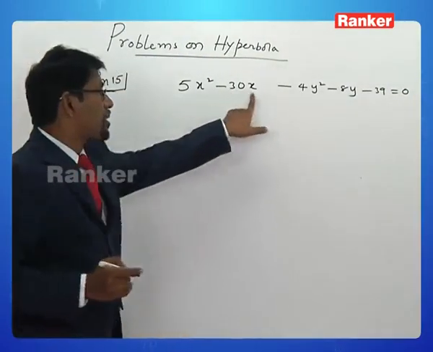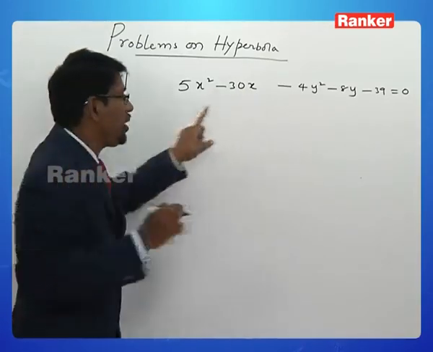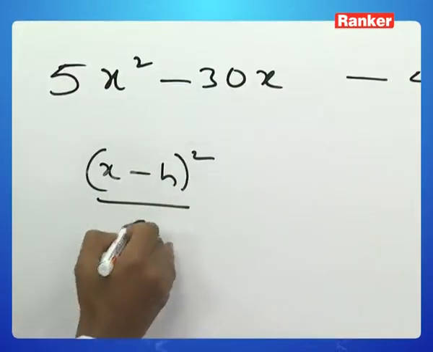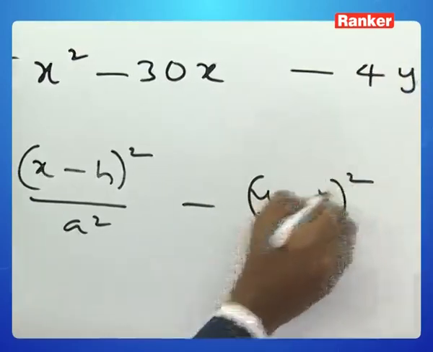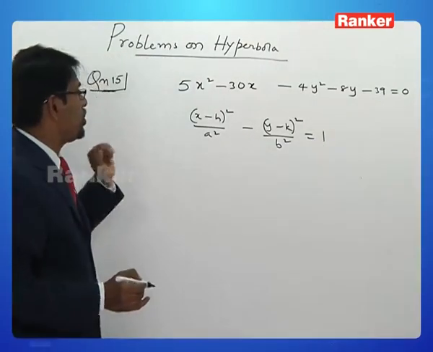We observe that this can be brought into the standard form, x minus h whole square by a square minus y minus k whole square by b square equal to 1. This kind of a standard form we can bring this into.